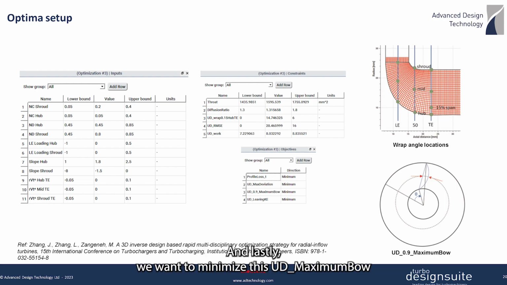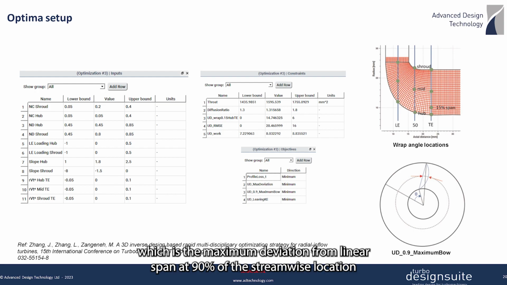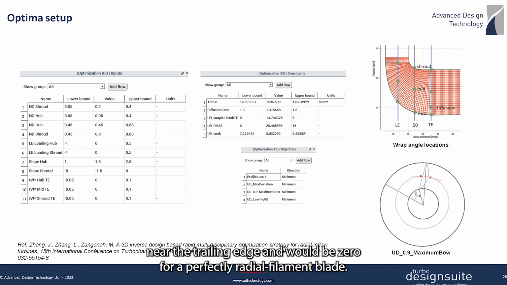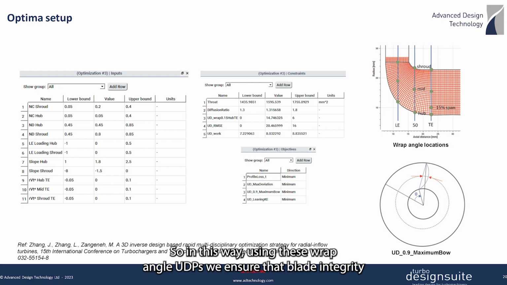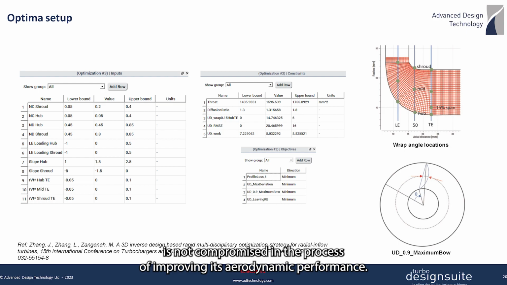And lastly, we want to minimize this UD maximum bow, which is the maximum deviation from linear span at 90% of the streamwise location near the trailing edge, and would be 0 for a perfectly radial filament blade. So in this way, using these wrap angle UDPs, we ensure that the blade integrity is not compromised in the process of improving its aerodynamic performance.